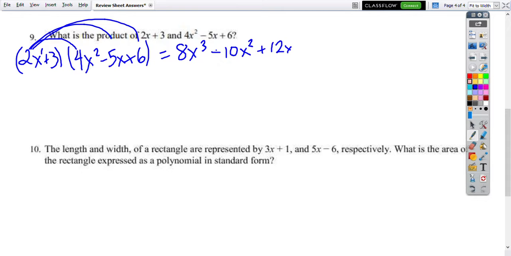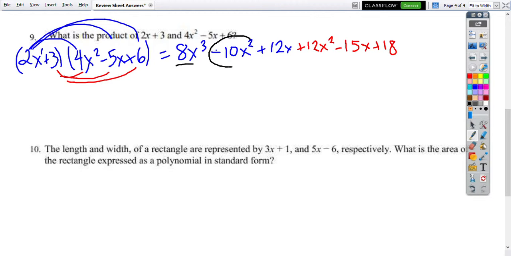Then we're going to distribute the second one, which is the 3. I'm going to rainbow that in. So 3 times 4x squared is 12x squared, 3 times negative 5x is negative 15x, and 3 times 6 is 18. Then we're going to look for our like terms. This is the only one that's cubed.